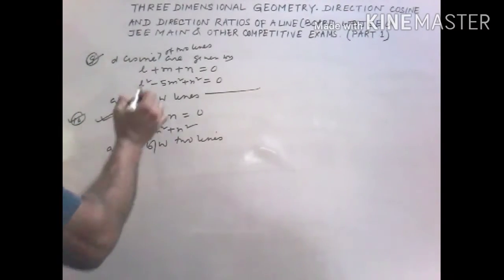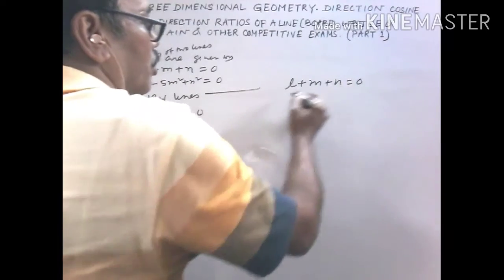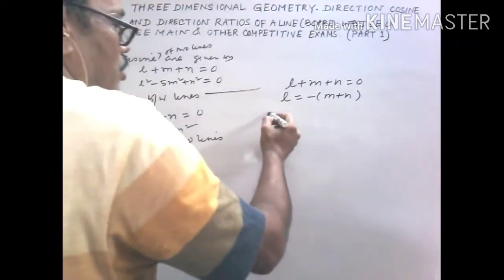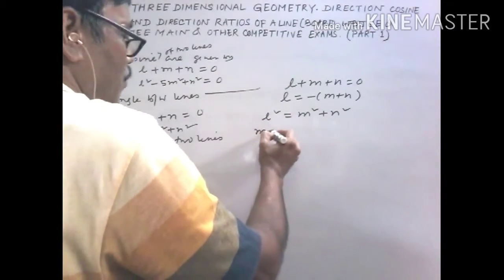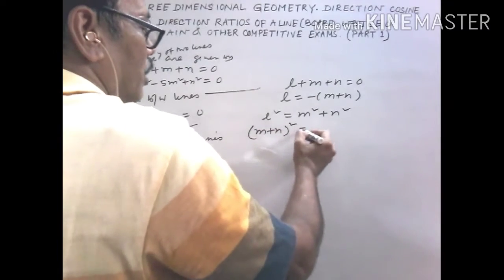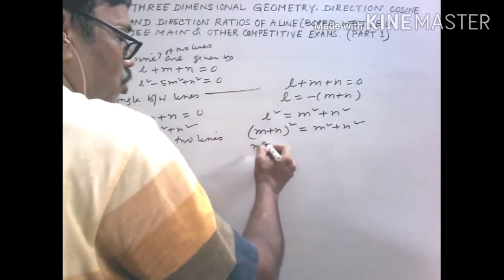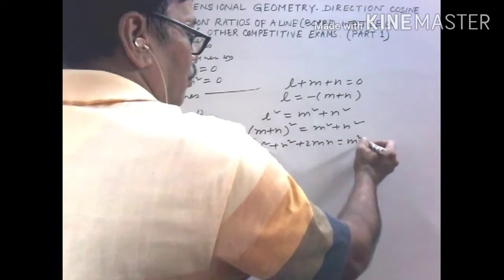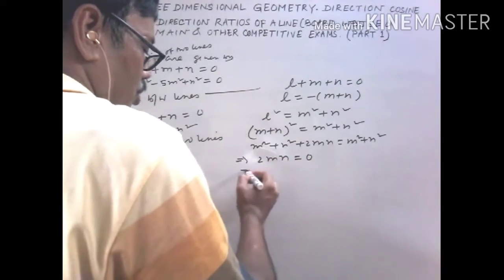So suppose problem number 10: l plus m plus n equals 0, and l square equals m square plus n square. So (m plus n) whole square equals m square plus n square. So m square plus n square plus 2mn equals m square plus n square. So finally 2mn equals 0.